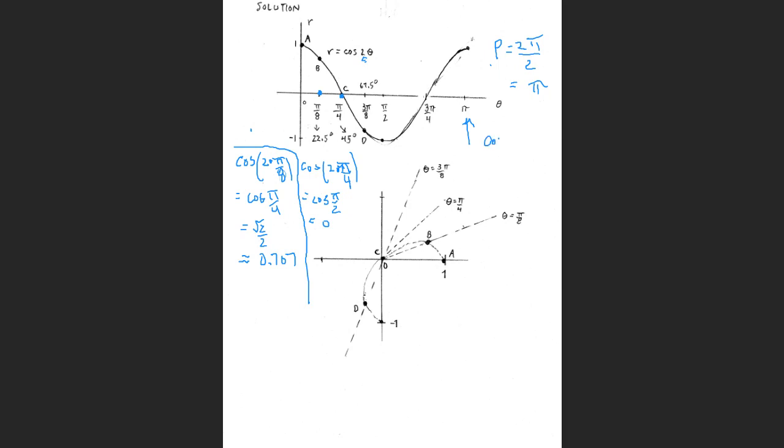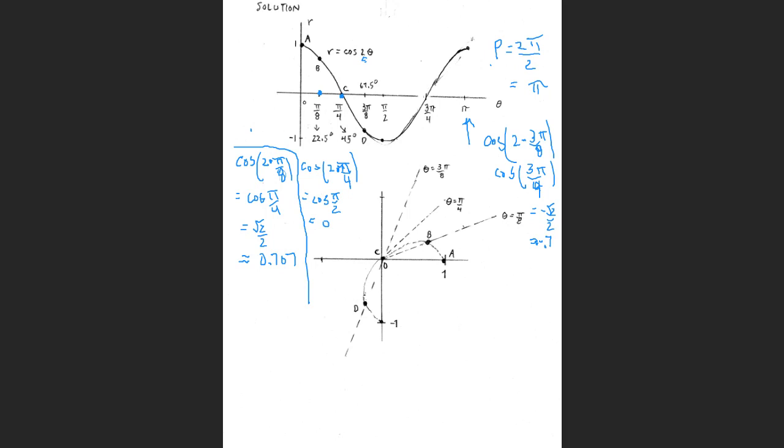If you have the cosine of 2 times 3 pi over 8, that's a cosine of 3 pi over 4. And that's just equal to negative root 2 over 2, which is about negative 0.7.